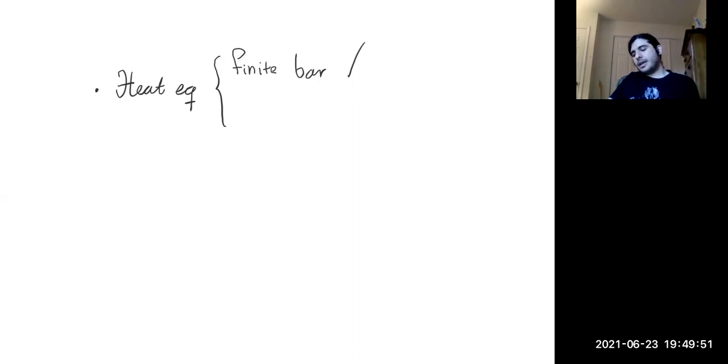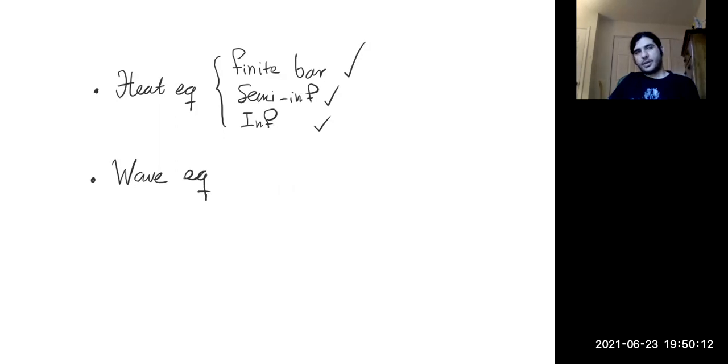Up to this point, we have seen the heat equation on the finite bar, which we saw before the midterm, and after the midterm we saw the semi-infinite bar and the completely infinite bar, and we solved both of them. We did all these things using the product method. Then we studied the wave equation, and we also solved that using the product method.